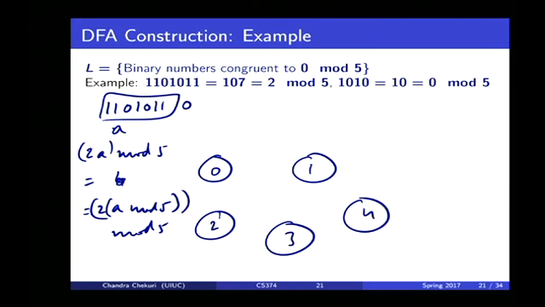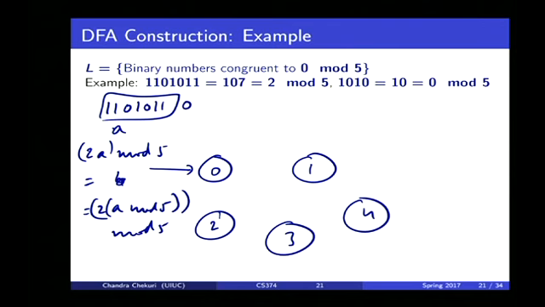So from that, if this is my start state, what should I do if I see a 0? That means that so far what I've seen, remainder mod 5, is 0. Now if I see another 0, what is the number? It is 2 times the whole number, right?